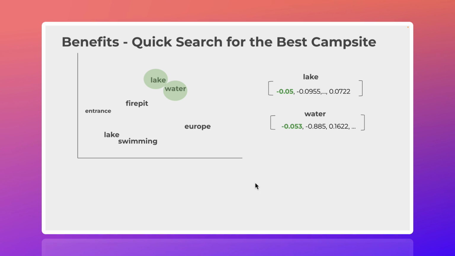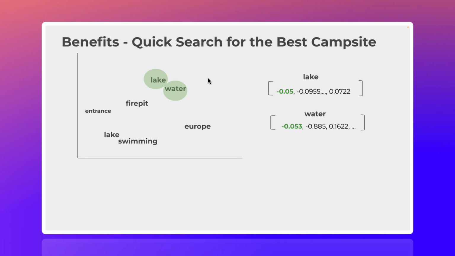But you can see it's way easier to search for the best campsite, because in this case lake and water are semantically similar. Lake and swimming are semantically kind of similar as well. But fire pit and entrance, not really. Fire pit and Europe, not really.